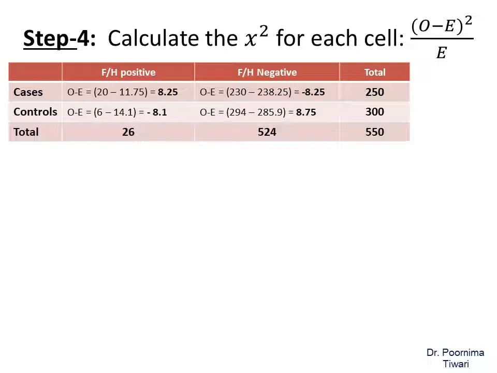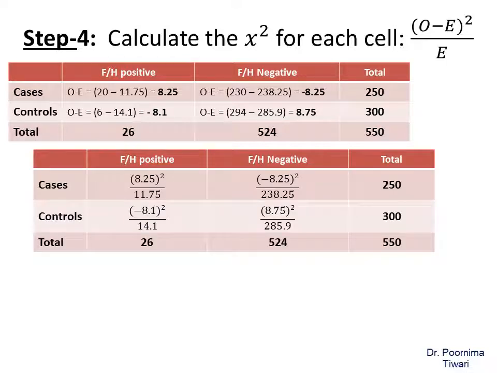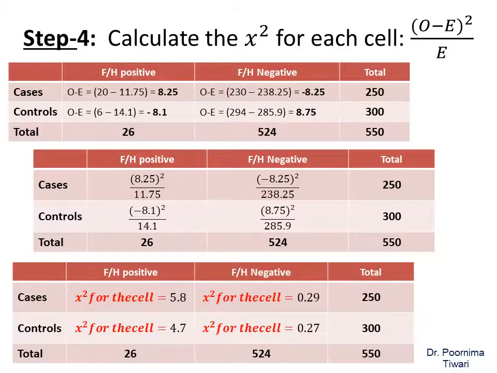In step 4, we calculate the chi-square for each cell. The formula for chi-square is the difference between the observed and expected value squared, and this squared value is divided by the expected value. So the first table shows the differences between observed and expected value that we calculated before.